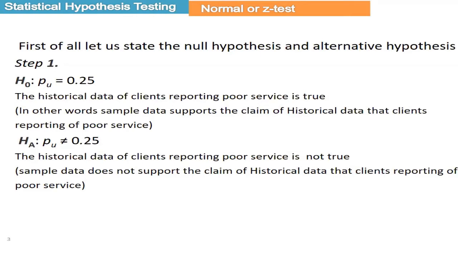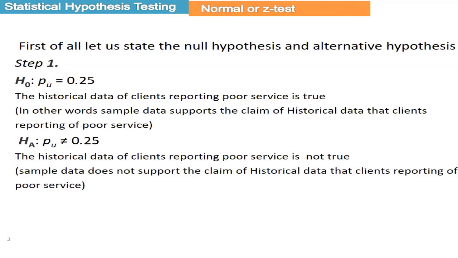In the null hypothesis we agree with the historical data, and in the alternative hypothesis we do not agree. Okay, this is the first step: we formulate the null hypothesis and alternative hypothesis, that is H0 and HA.